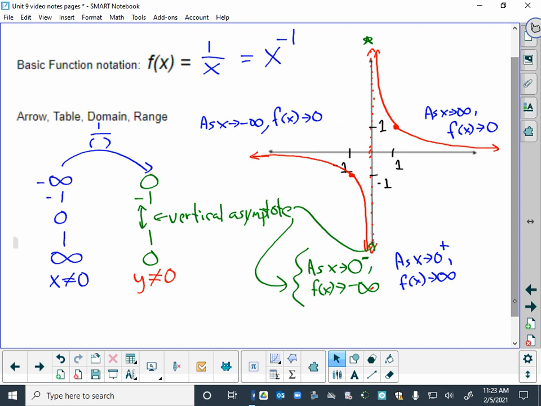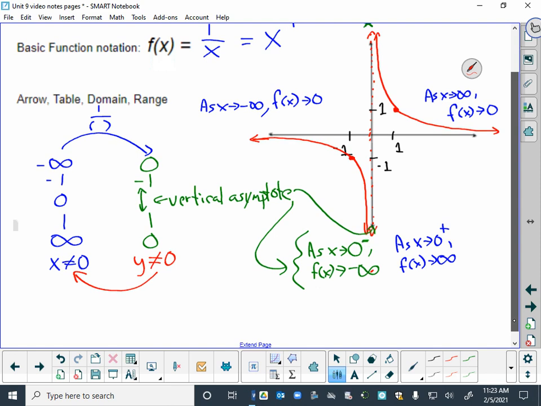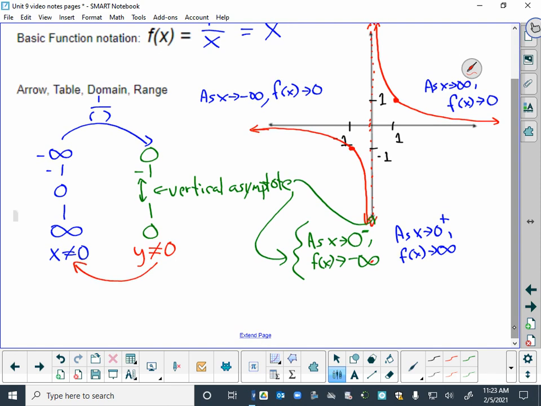The other unique thing about this, normally I have these parent function pages with 2 on a page because we do 1 and then we do the inverse of that 1 on the same page. The thing here though is if I want to do an inverse, remember the inverse, we're switching the roles here, we're going the other direction, so how do we undo flipping something over?